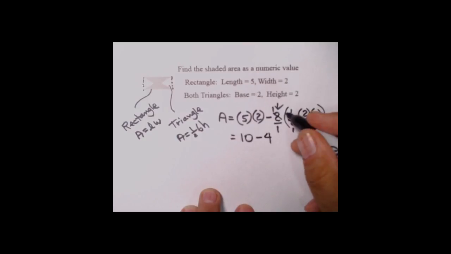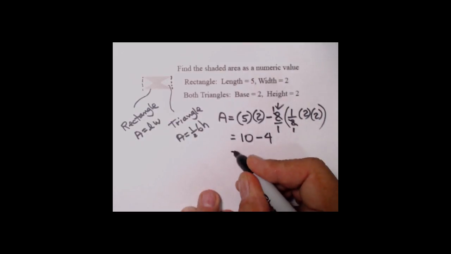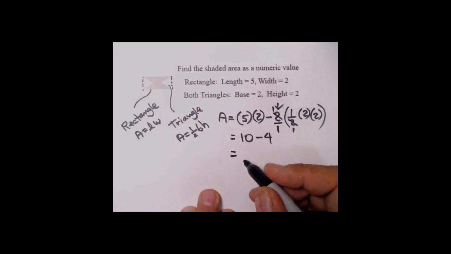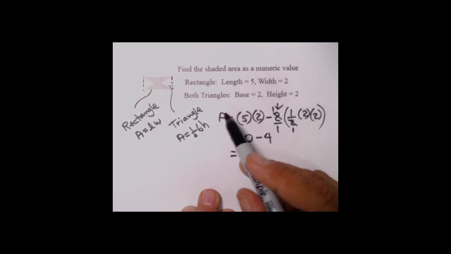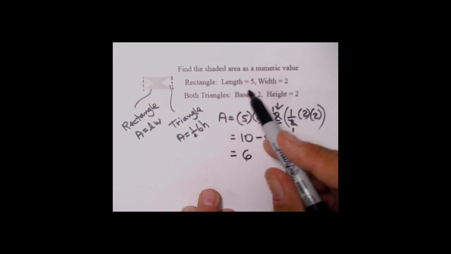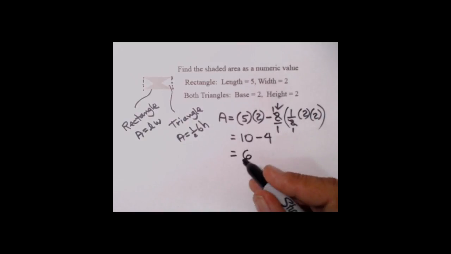Okay, they all reduced to 1. I've got 2 times 2, so that's a total of minus 4. So the area of this then equals a total of 6. Now once again, we're not given any units here, but if we were, you should put them down. But since we're not, you can just leave it as 6.